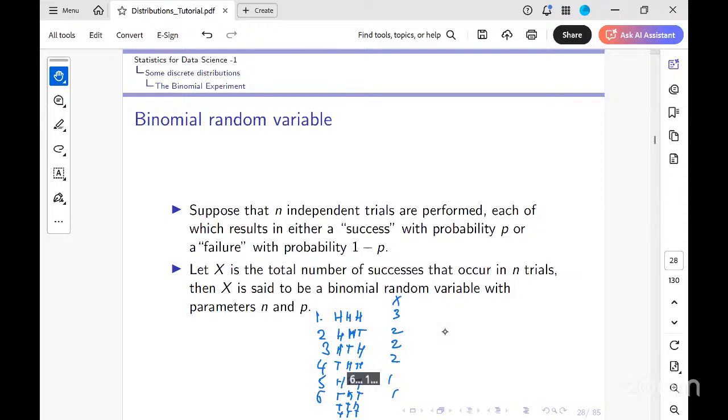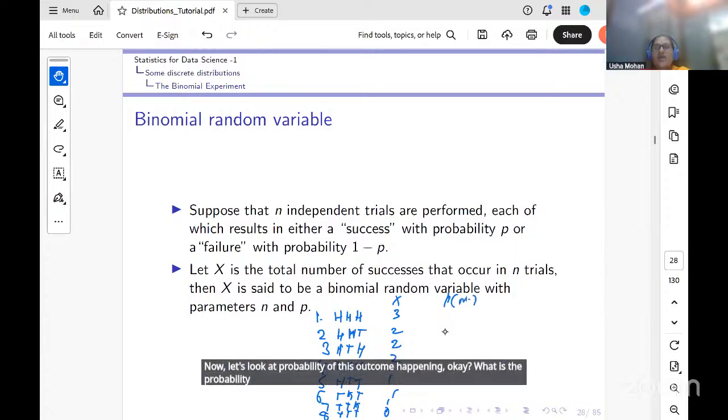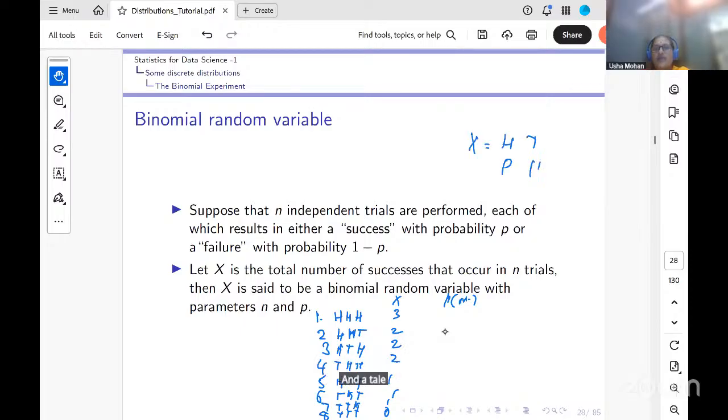Seventh? 1. Eighth? 0. So X is taking the values 0, 1, 2, 3. Now let's look at the probability of each outcome happening. I already know the probability of a head occurring is P and a tail occurring is 1 minus P. This is what I'm denoting as 1 and 0. Is that clear?